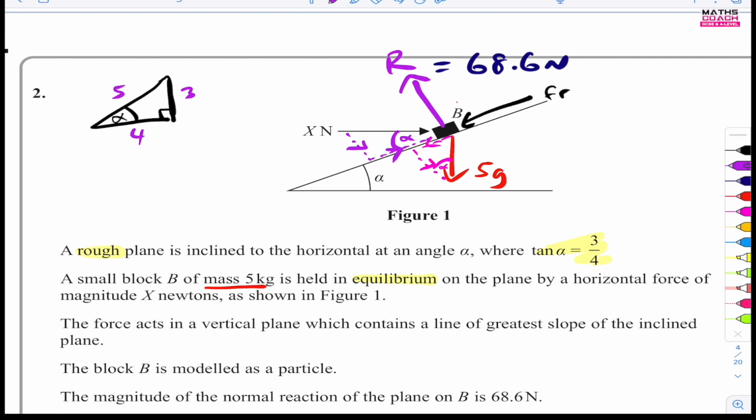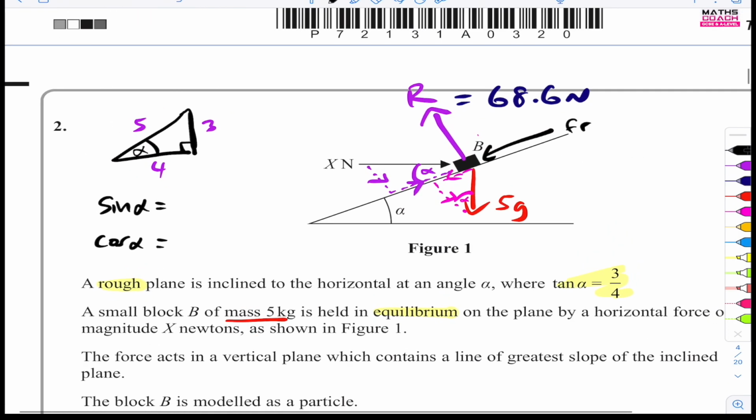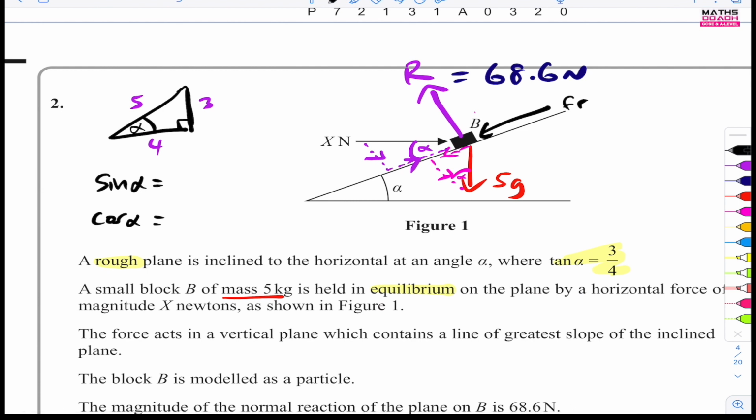Yeah. So we can work out sine alpha and cos alpha now, which we will generate from when we do our F equals ma and all of that for part A. Okay. So sine alpha is opposite over hypotenuse? Opposite is 3 over 5. And then cos is going to be 4 over 5.